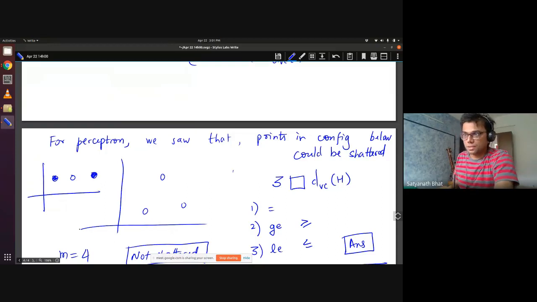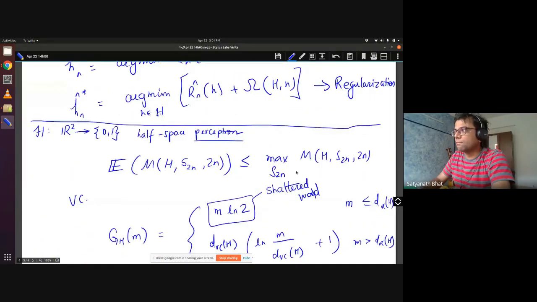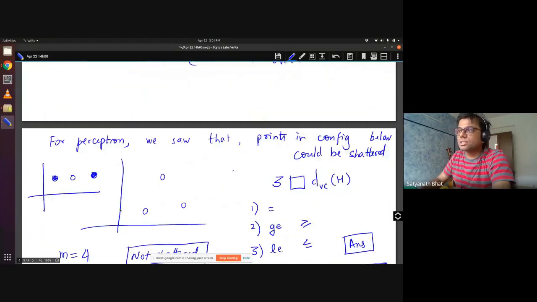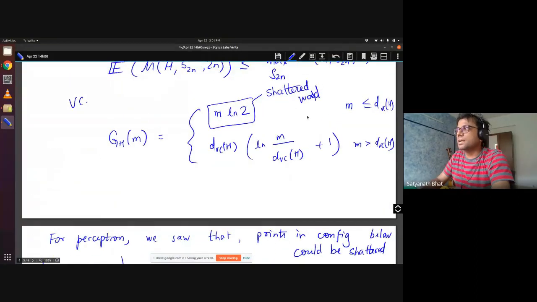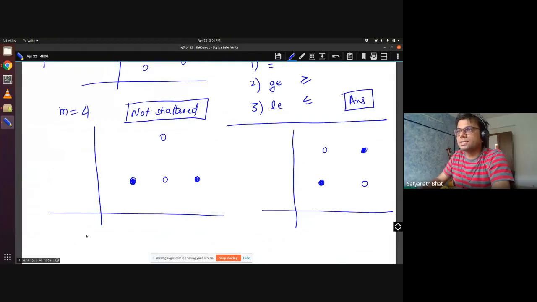In the shattered world, I am just looking for one particular configuration which I can shatter, because I'm doing the worst case. Remember, I'm taking the worst case over all possible configurations I'm trying to shatter. As long as you are able to find one configuration which you can shatter, you are in the shattered world. But as soon as you go to 4 points, there is no configuration you can shatter.